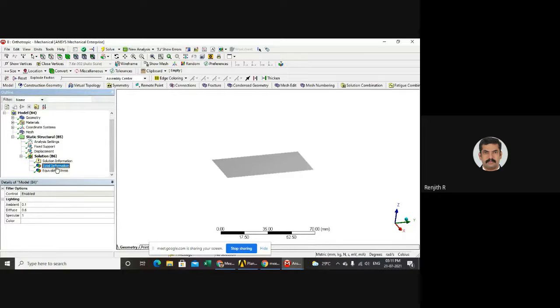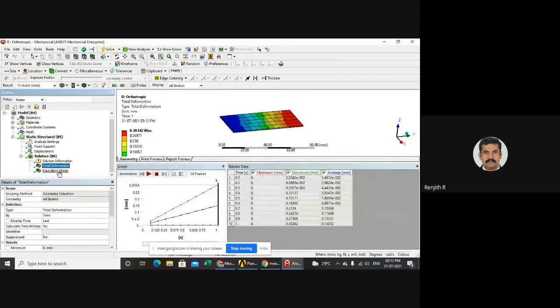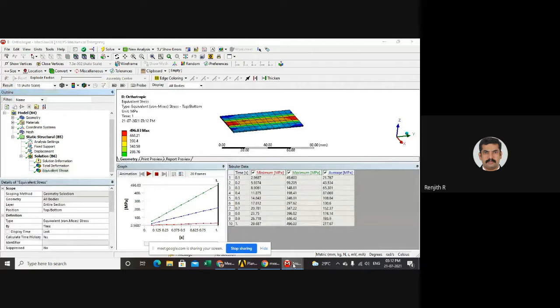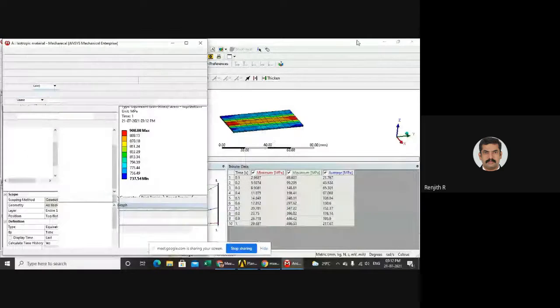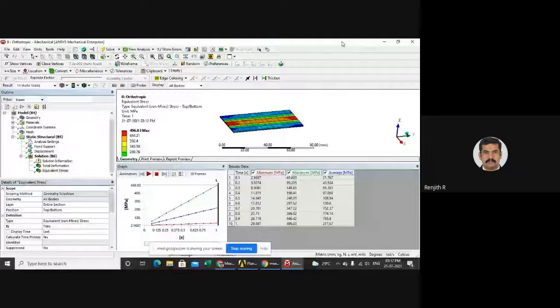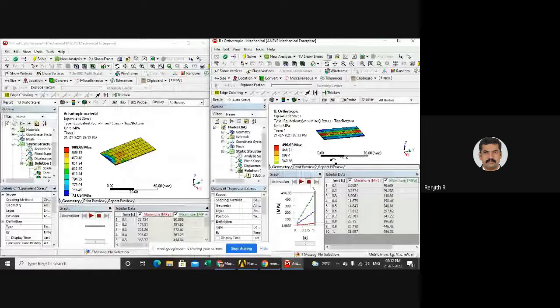Okay. So this is the total deformation and this is the equivalent stress. So if you compare this with the previous results, you can see the difference. Can you see the difference? If you compare the stress levels, you can see 496 is the maximum stress level.